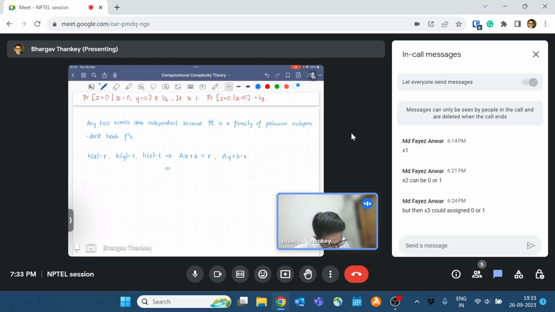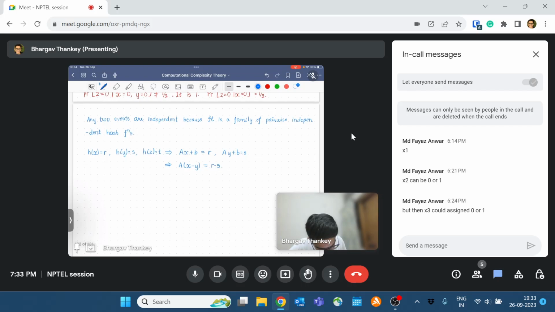And this implies that A of (X minus Y) equals R minus S. Okay, so now let Z be X minus Y, and let T be R minus S.